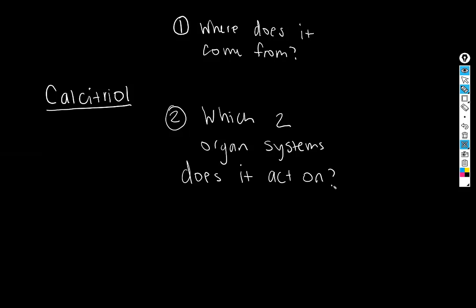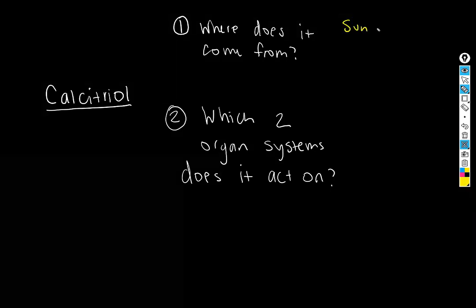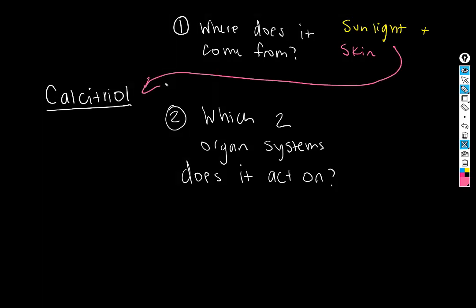Kidneys. But before that, you couldn't make it if you didn't have vitamin D. Correct. And where is that? Skin. Bingo, skin. So sunlight plus skin, ultimately, after conversion by the liver and kidneys, gives you calcitriol.